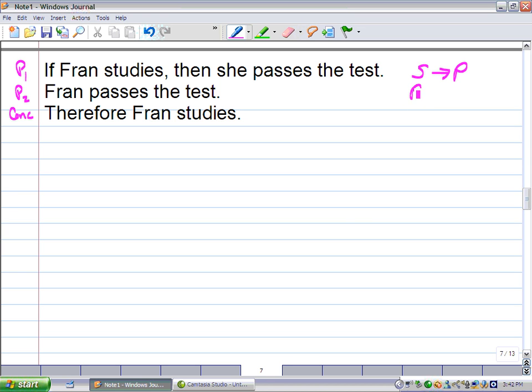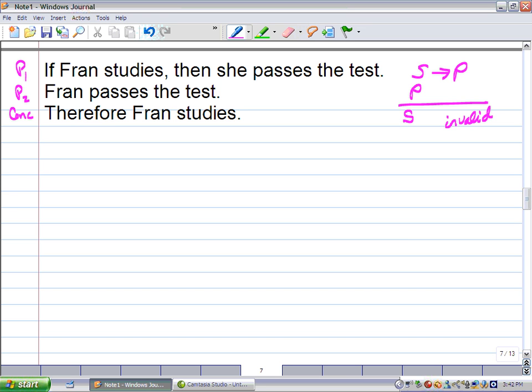She passed, therefore she studied. We can see that this is also going to be invalid by the same converse problem we had before in the first example. And you can do a truth table in the same way.